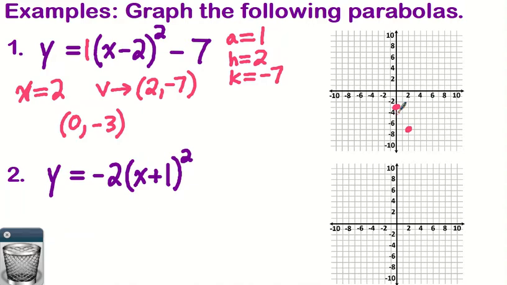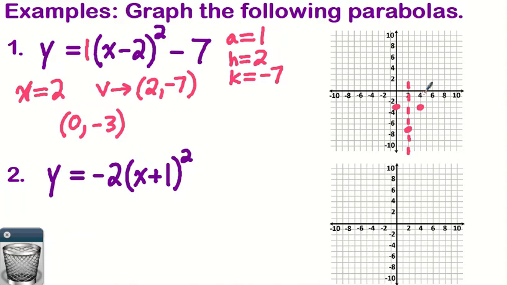Now to get another point, I could plug in something else, but what you probably want to do is take advantage of the fact that parabolas are symmetrical. If that's a dot, and if that's the vertex, and if this is the axis of symmetry, if I just mirror and reflect this point and find its corresponding partner point on the other side of the axis of symmetry, wouldn't that just be right there?